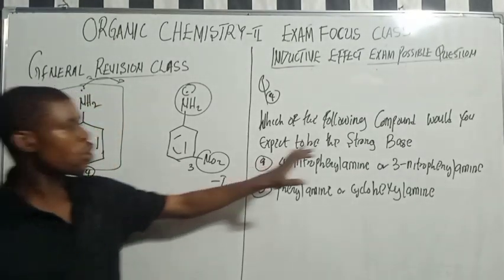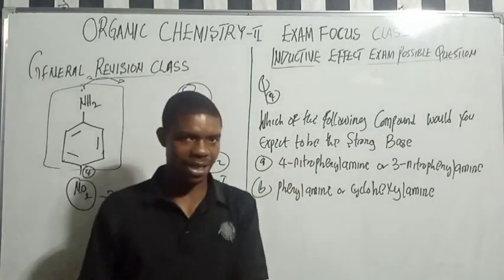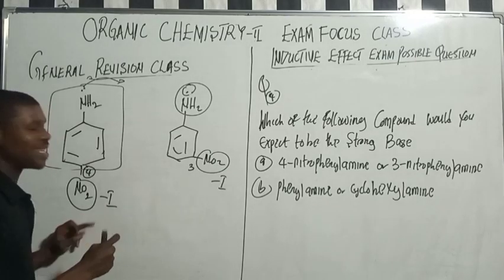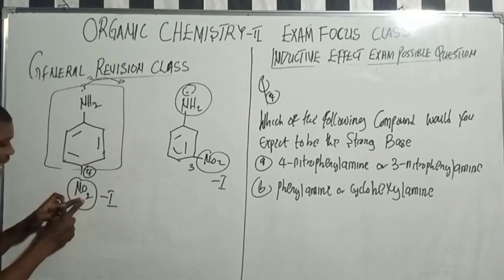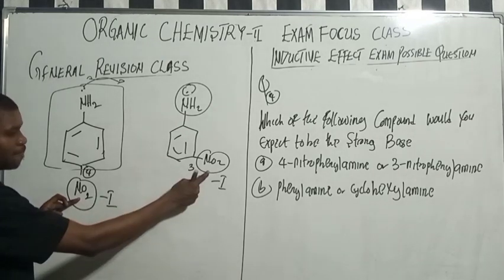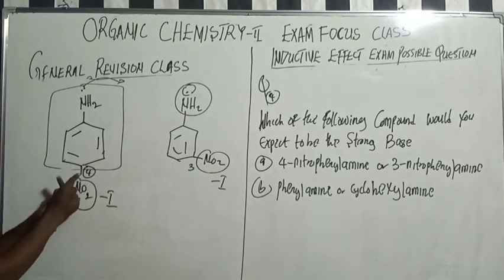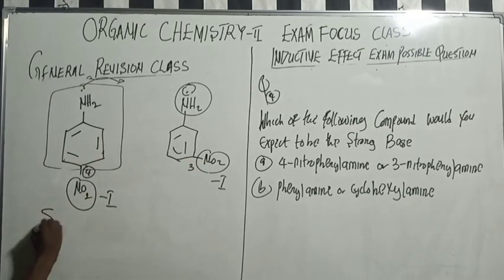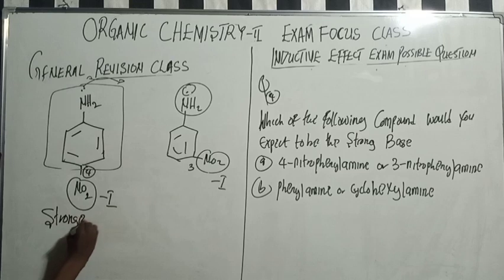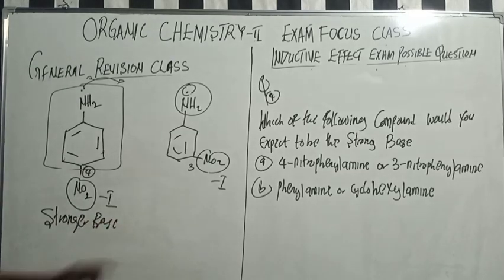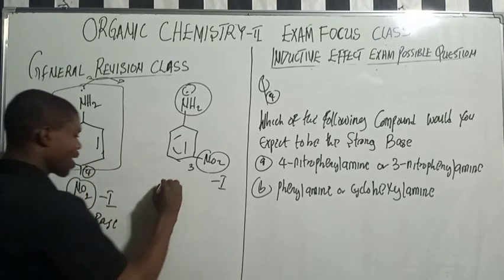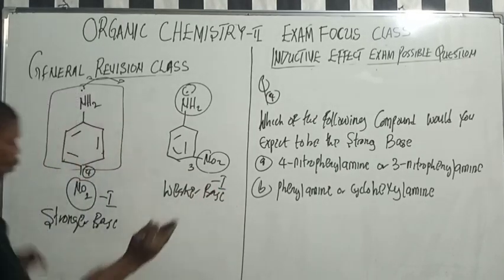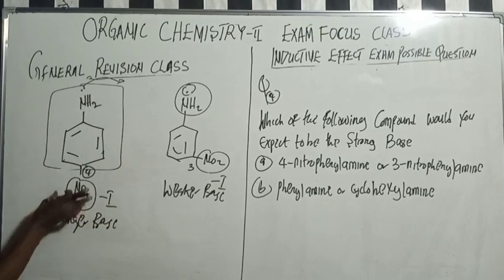He said, which of the following compounds will you expect to be a stronger base? Because this one is minus I, and minus I effect decreases basicity, this one is further away. Because this one is coming by 4, and here is coming by 3, this one is the stronger base, and the other one is the weaker base.